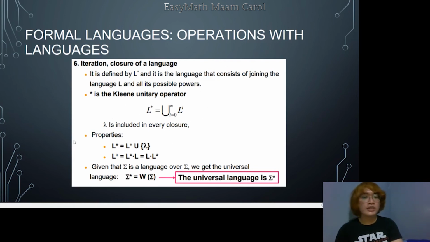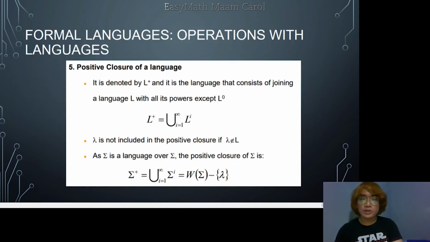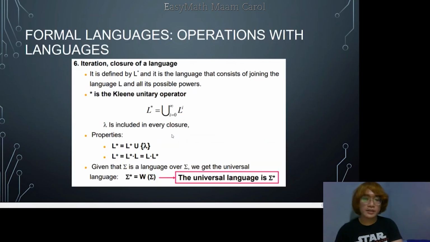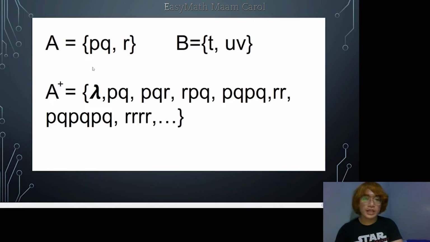In the positive closure of language the empty set is not included, but here it is already included. Using the same example as earlier, the difference is that the empty set is now included: all positive powers of that language, including the empty set.